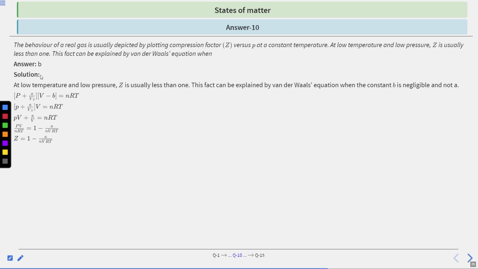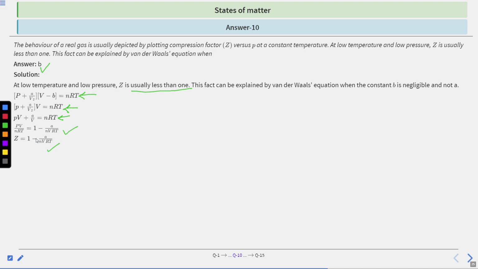Okay, so the correct answer will be option B. At low temperature and low pressure, Z is usually less than 1. This fact can be explained by van der Waals equation when the constant B is negligible and not A. So this is the van der Waals equation, and here B is negligible, not A, so the formula will become this, and on multiplying V inside the bracket, we get this equation, and on dividing by nRT on both sides, we get this equation, and finally Z will come out as 1 minus a upon VRT.